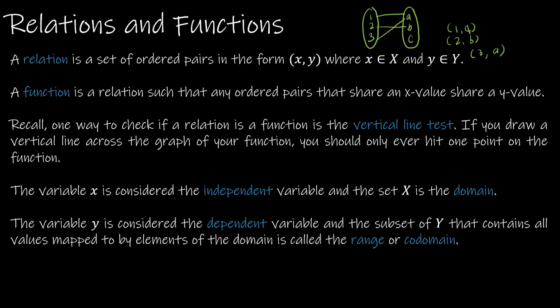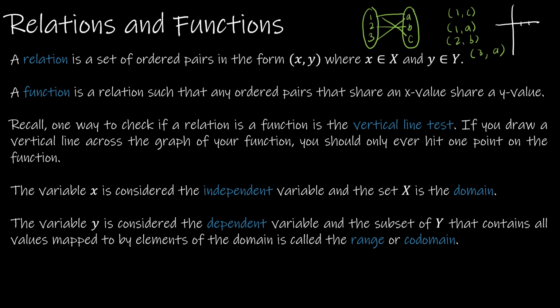One way to check that graphically is using the vertical line test. So let's go back to what I had before, where I had 1 comma A and 1 comma C. That's a horrible A, but you get the idea. If I were to graph these, I made them very easy to graph.